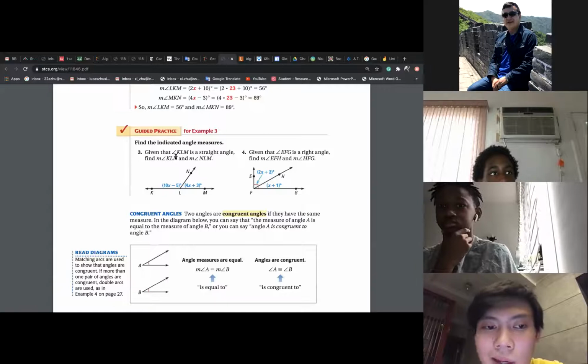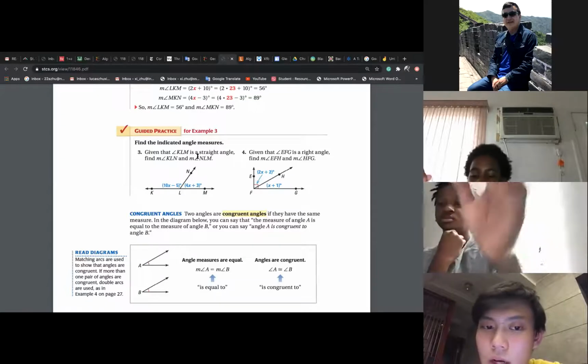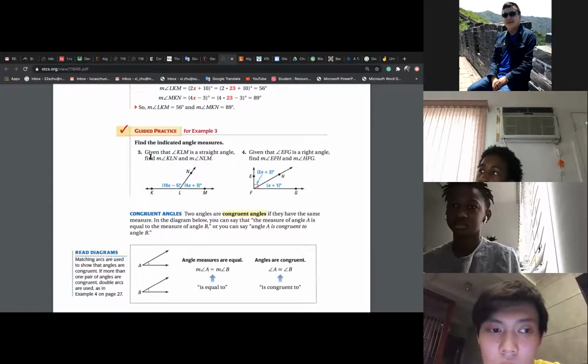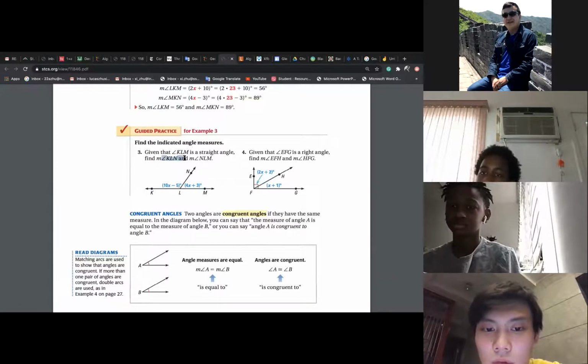How many degrees is in a straight angle? 180. 180, right? So you know that the entire angle is 180. Then it's asking you to find the measurement for the two angles, KLN and NLM. So try to do it.